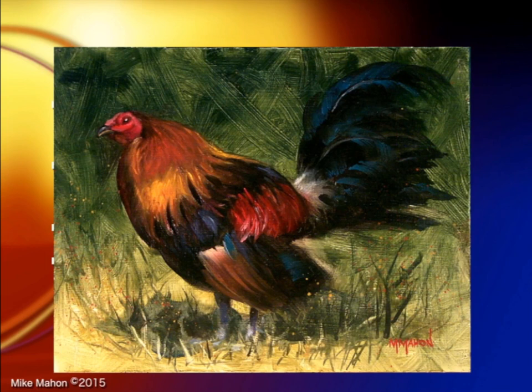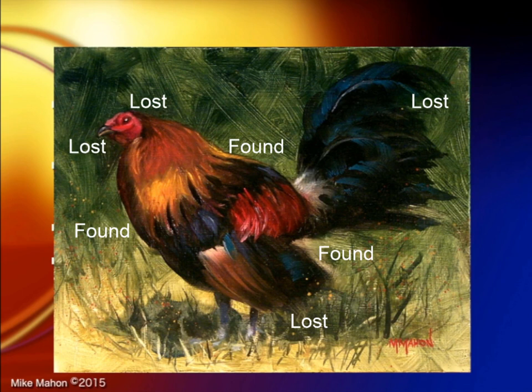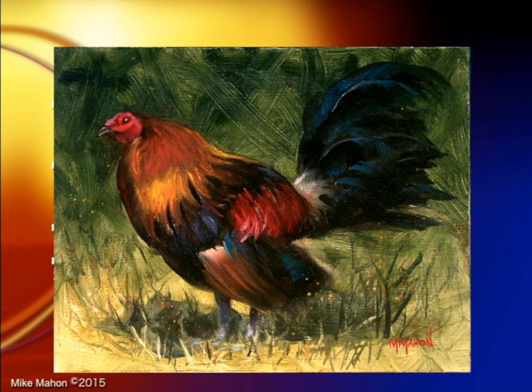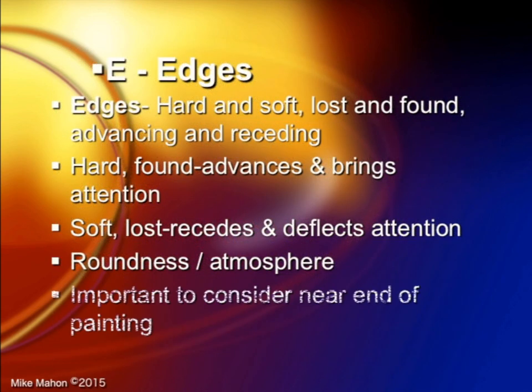And it creates the whole idea of atmosphere. Your edges are very important in creating atmosphere. See, totally lost edge, hard edge, found edge, lost edge, creates almost a movement that creates roundness. And it's what you consider at the end of the painting primarily. You don't worry too much about your edges.